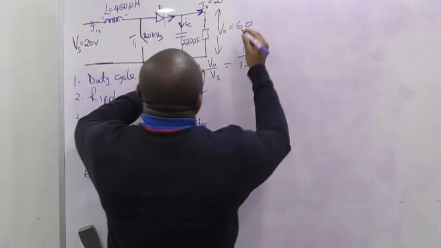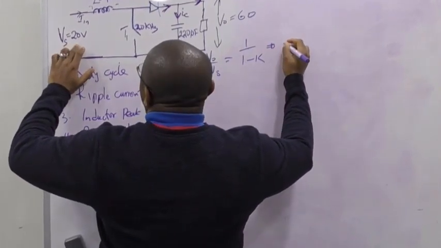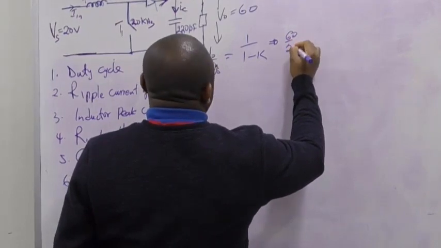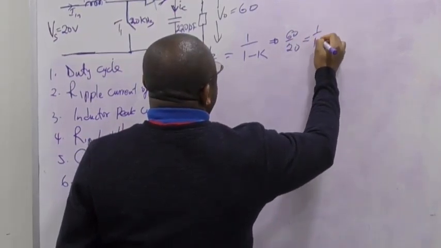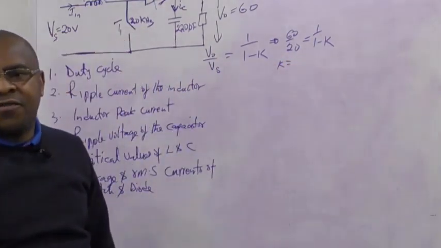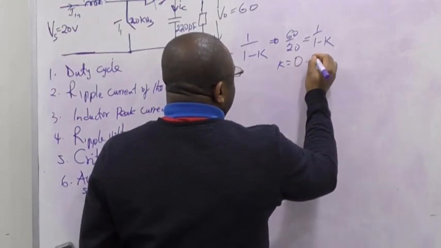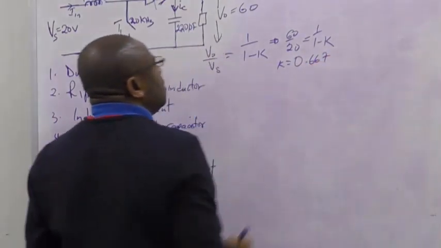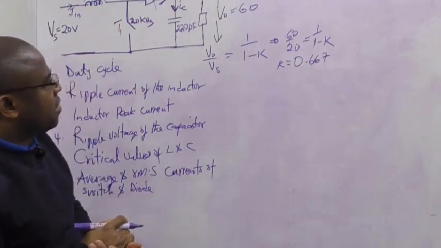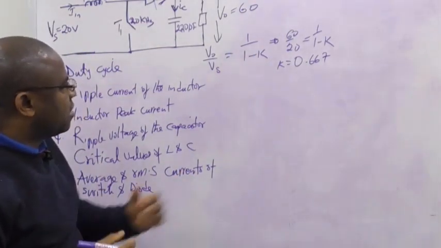This implies that VO, 60 over 20, equals 1 over 1 minus K. So when you make K the subject of the formula, you'll get 0.667 as K. This is 60 over 20, which is 3, equal to 1 over 1 minus K. So you can get K to be that.